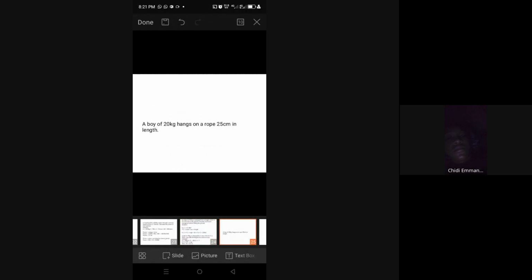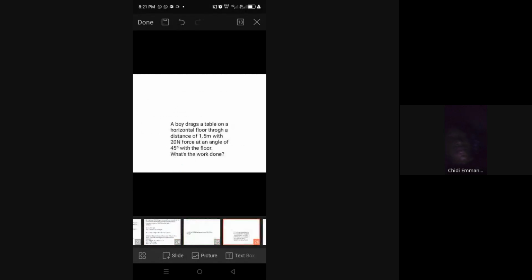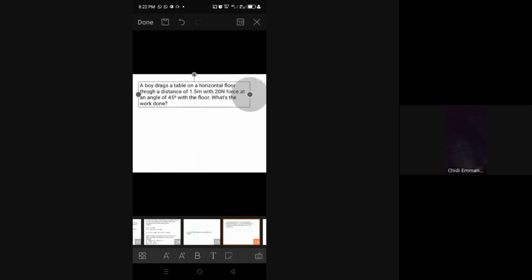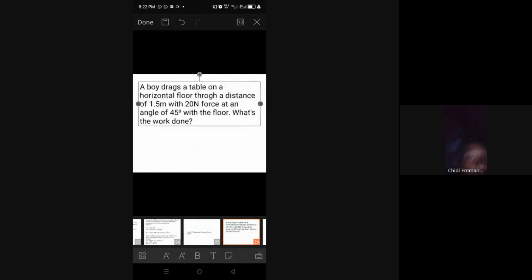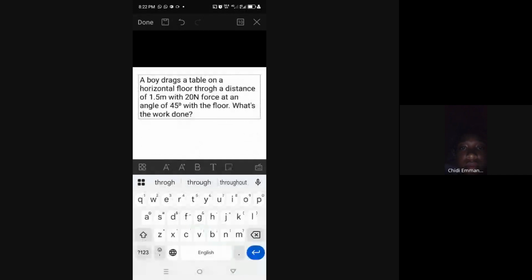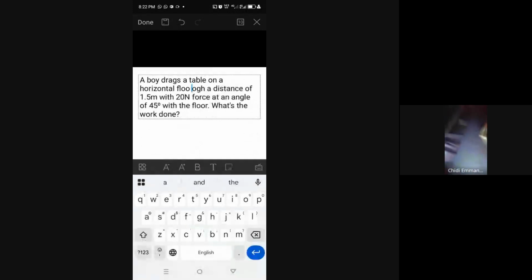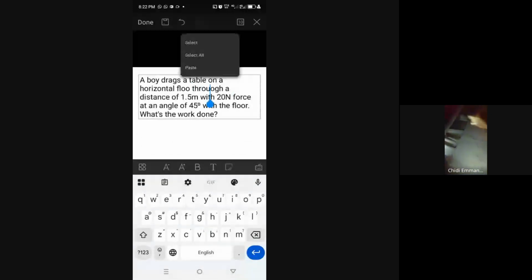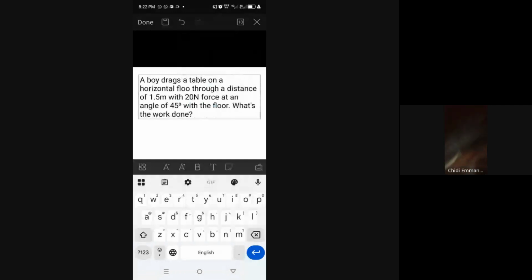Okay, let's move on. Let me give you something simpler. This question says a boy drags a table on a horizontal floor through a distance. You have been given the distance to be 1.5 meters with 20 Newton force.